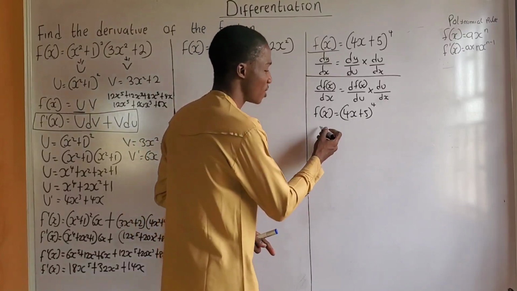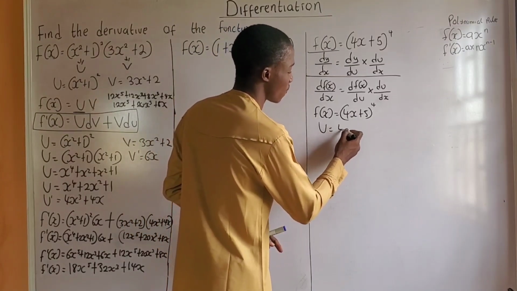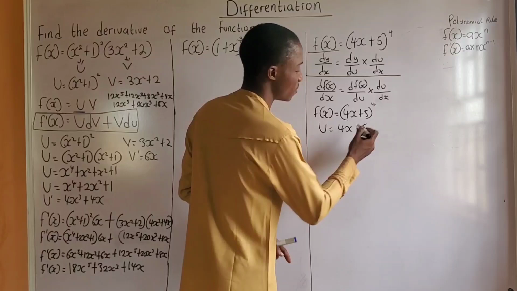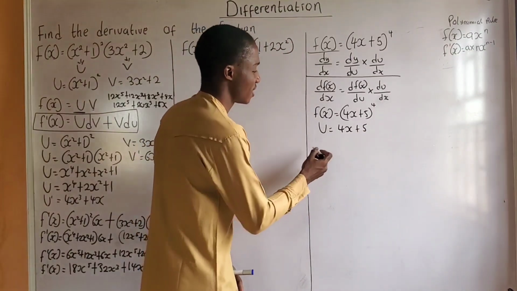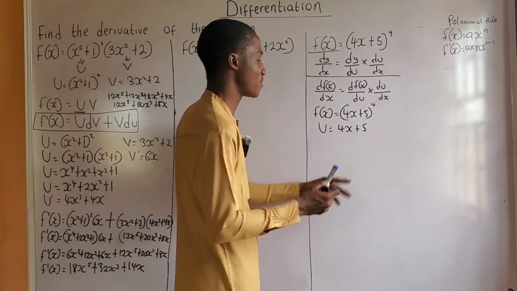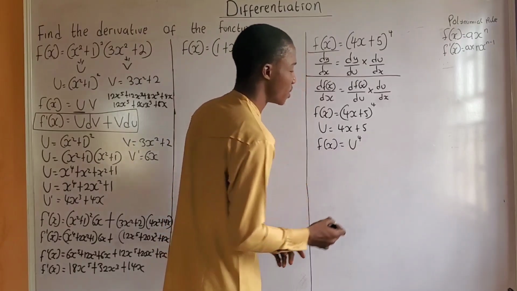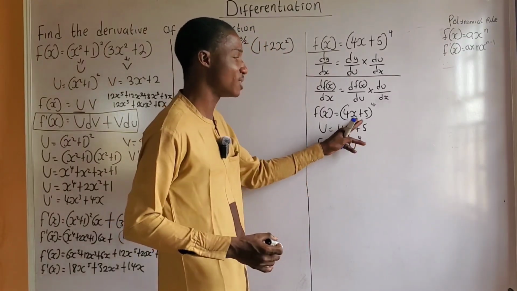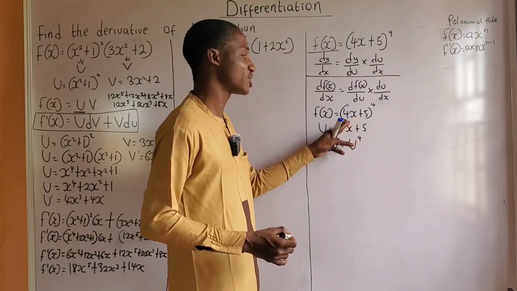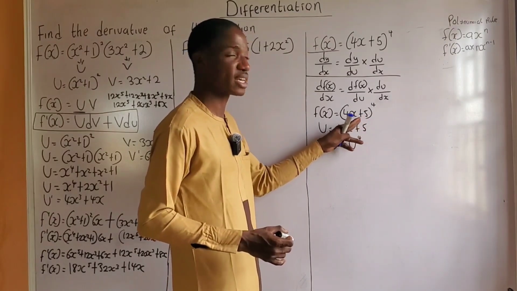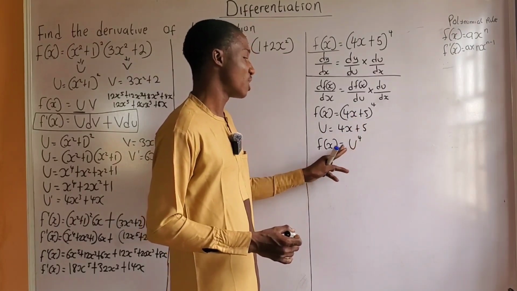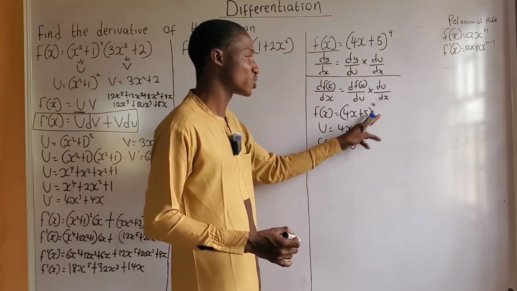So let u equals 4x + 5. Hence, f(x) will now be equal to u raised to the power of 4, because we have set u equal to the function inside the bracket.